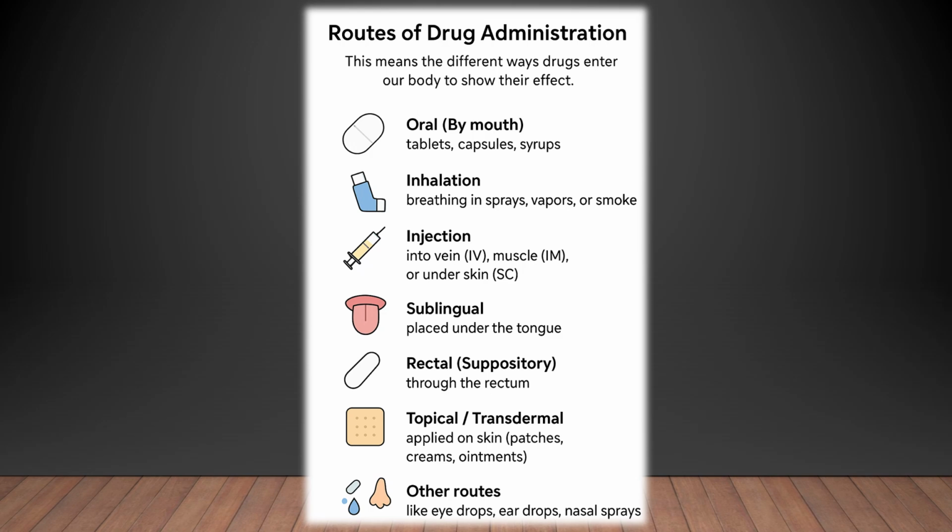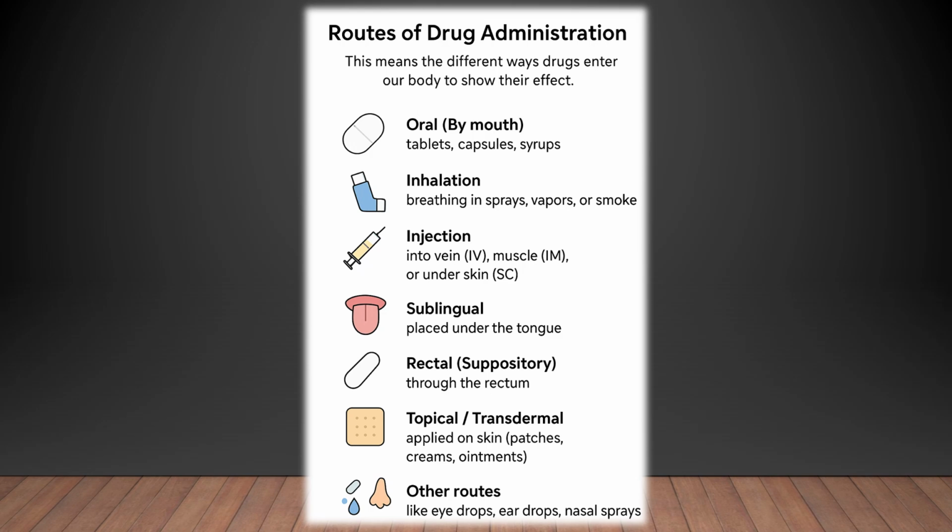And now we'll see the rectal route, mostly for people with constipation or hemorrhoids, or for delivery time, so they use suppositories or enemas. Another one is topical and transdermal, which are applied on the skin, like patches, creams, and ointments.